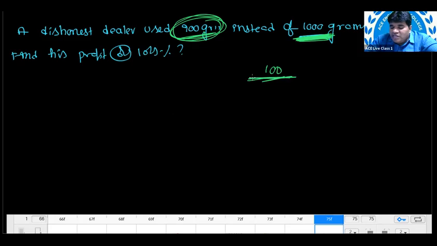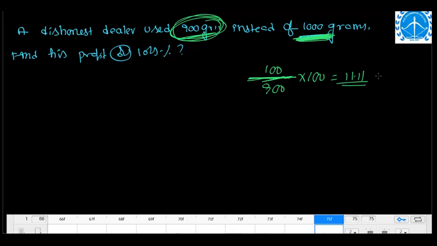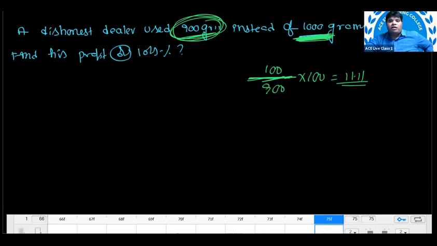This 100 grams is compared with what he actually used, 900. 100 by 900 into 100. So the answer is 11.11% profit. Are you getting my point now? Simply the concept of difference by least value into 100 always in this model.